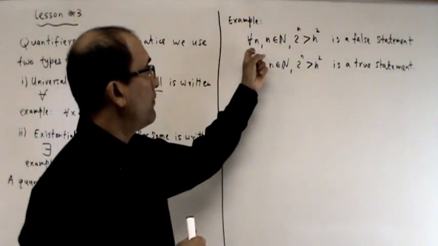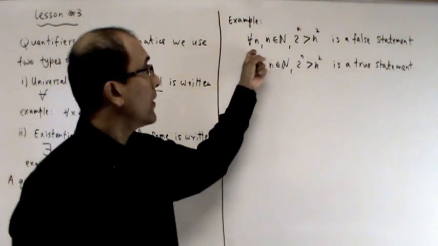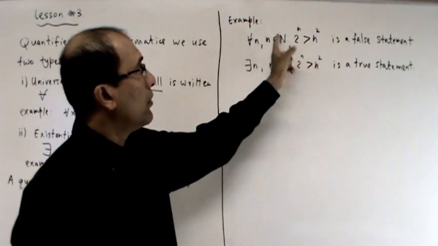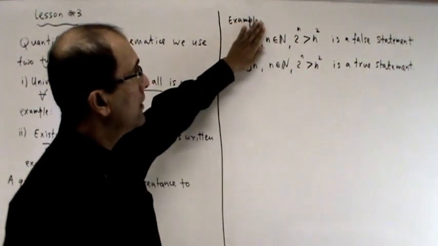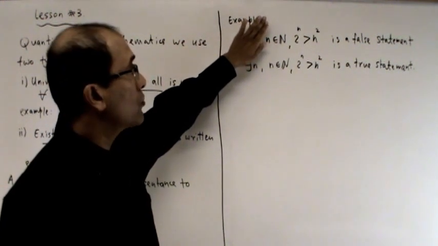Here's an example. For all n, I'm using the universal quantifier. For all n in R, 2n is bigger than n square. Now, if I didn't have that, it would be an open sentence, so I don't know whether that's true or not.